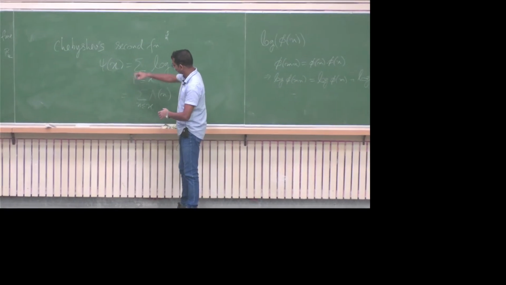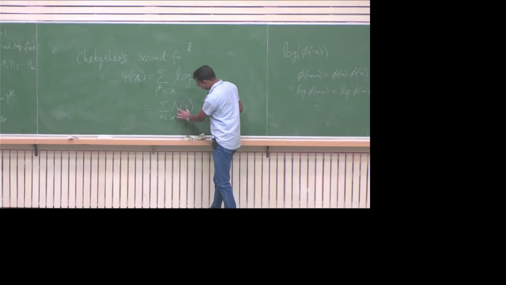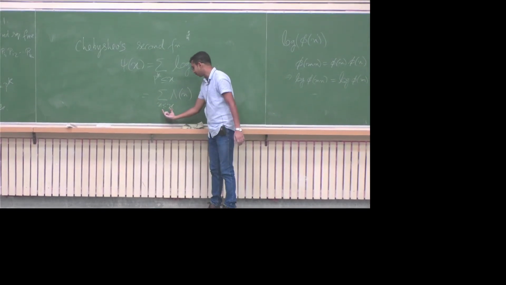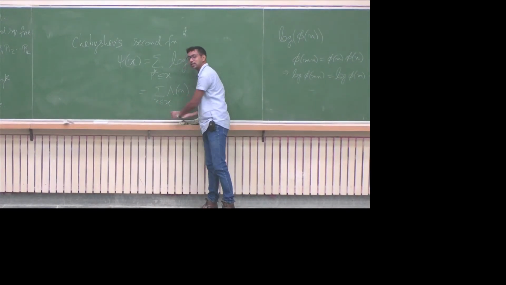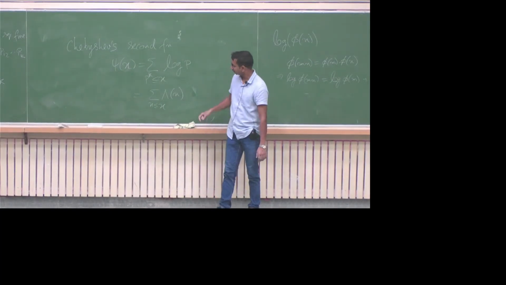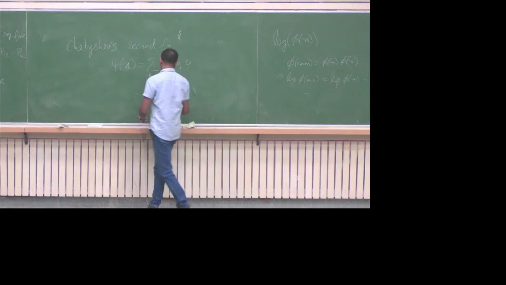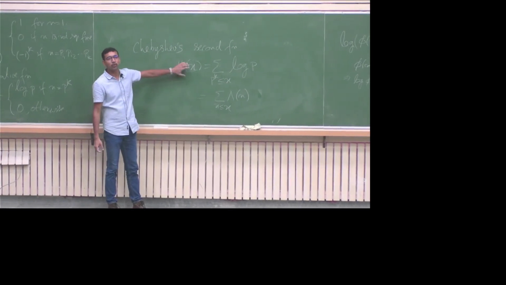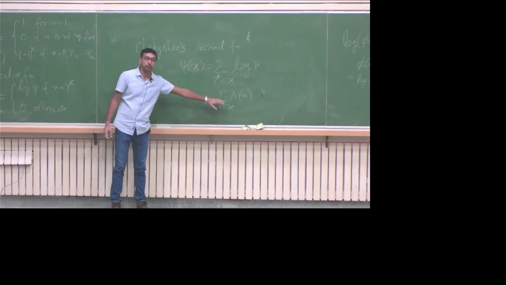So such things, where you are going from one function and summing over it, over the integers which are less than or equal to x, or we will also sum over divisors. Whenever you are given some basic function and you are summing over it to get another function, we call this one the summatory function of this one.